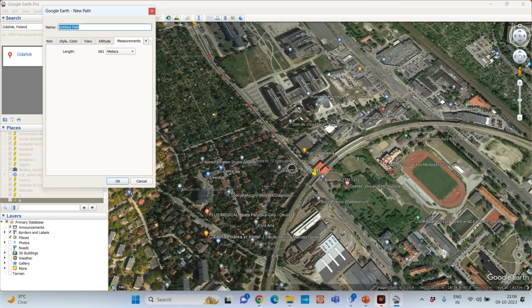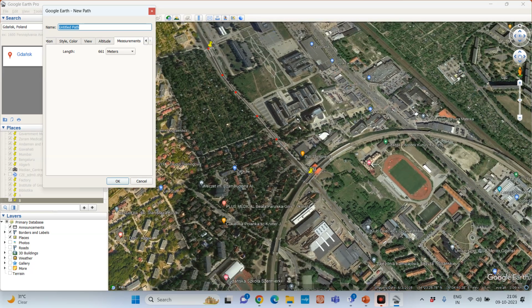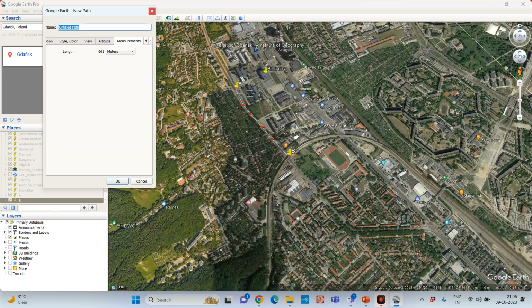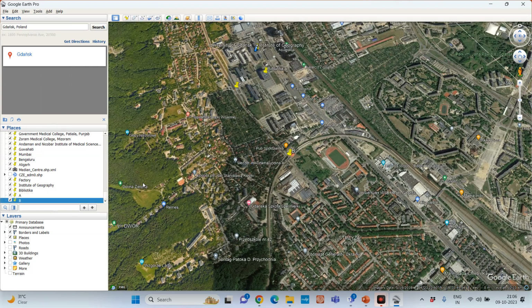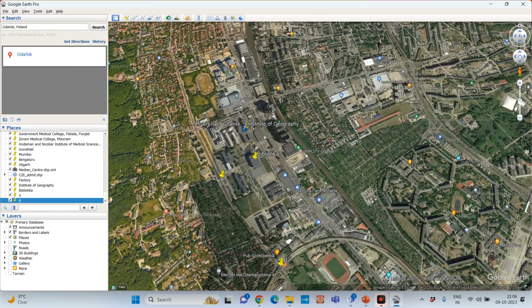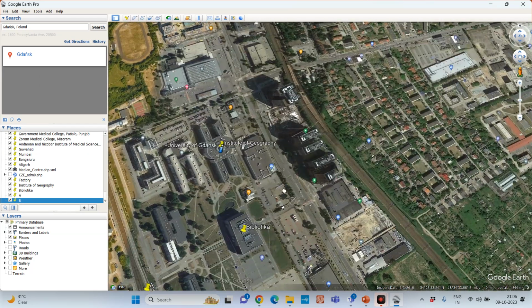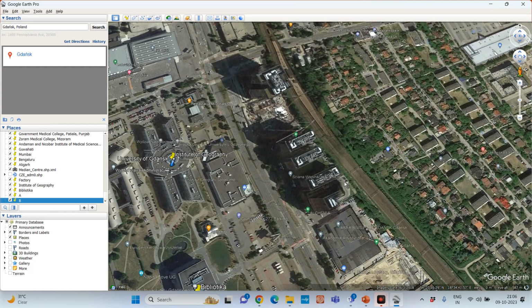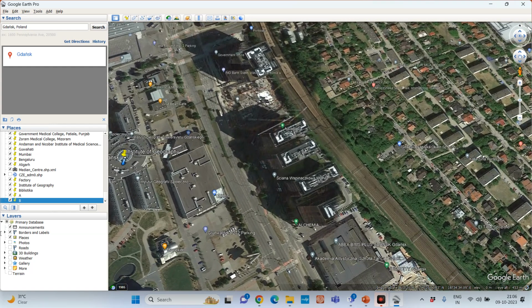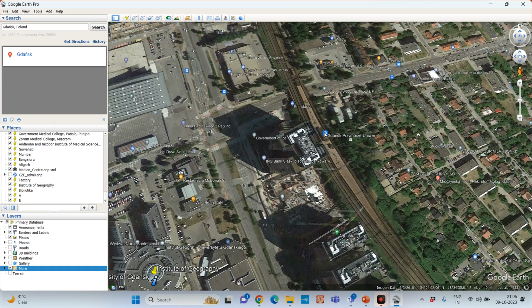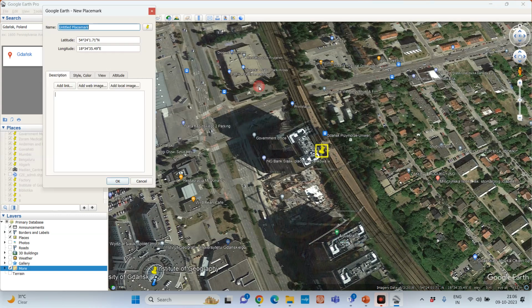Suppose you want to take a train from Gdynia, or you want to use another SKM station. If I make the rail route, yes, there is another one. Suppose here is C, so it is point C.